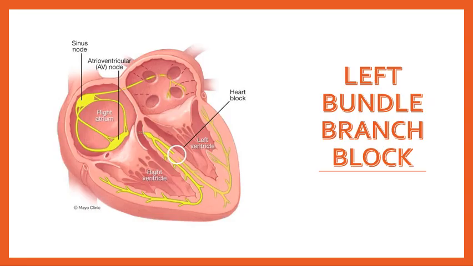So let's get into then talking about left bundle branch block. And here we have, I think it's really easier, of the two bundle branch blocks. I think picking up on a left bundle is easier than a right bundle branch block. And you'll see why in just a second.